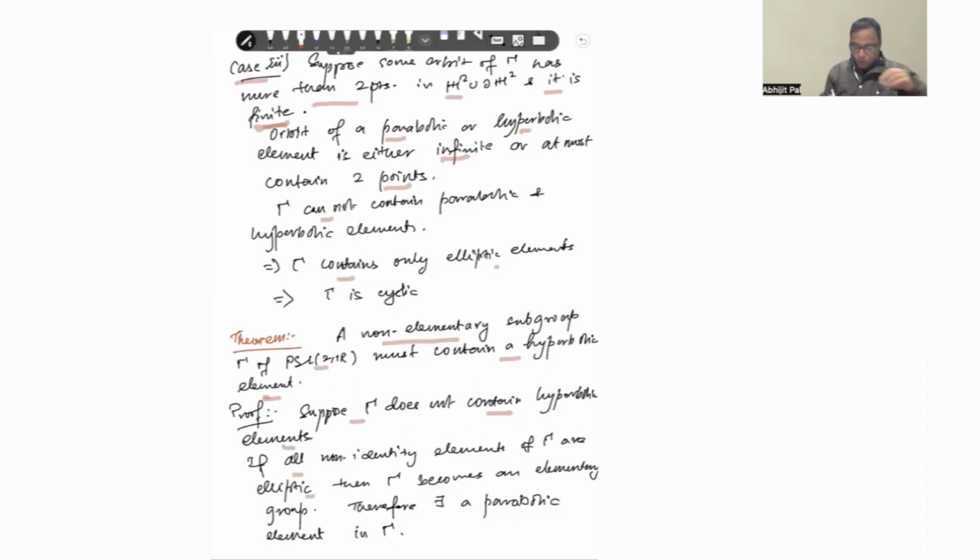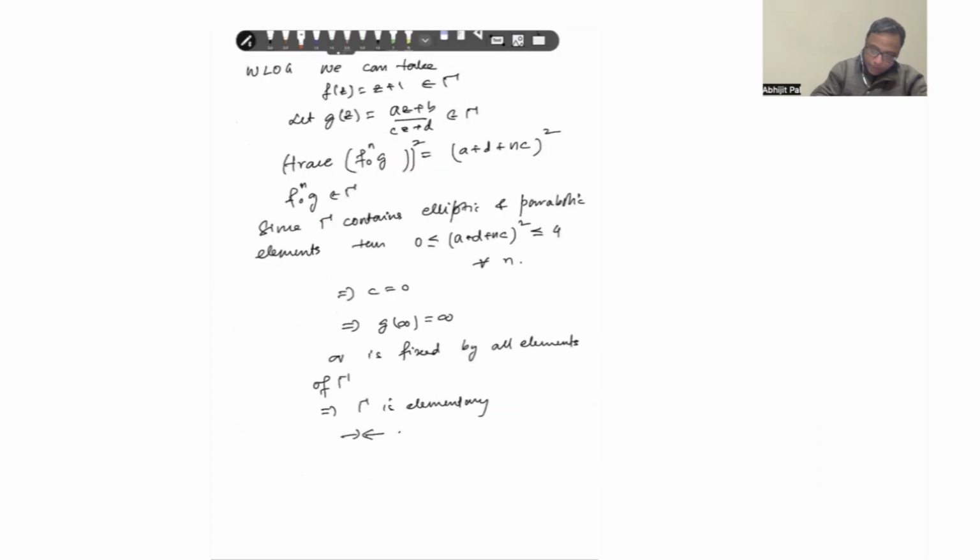So that cannot be possible. Therefore, there exists a parabolic element in gamma. So without loss of generality, we can take a conjugate of this group such that the map f(z) equals z plus 1 belongs to gamma.